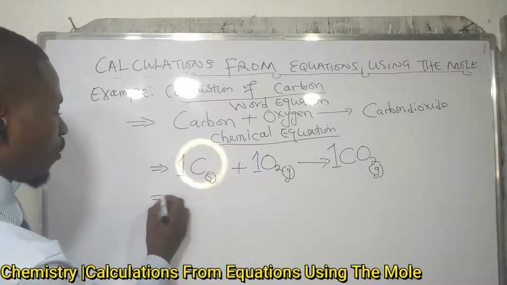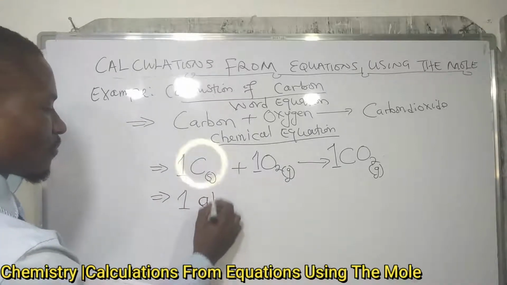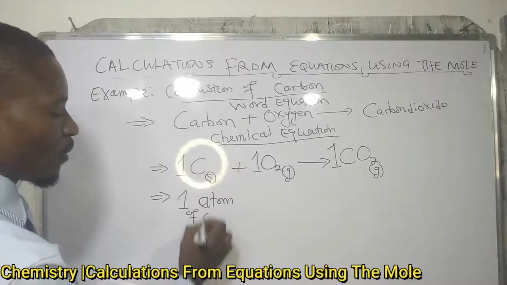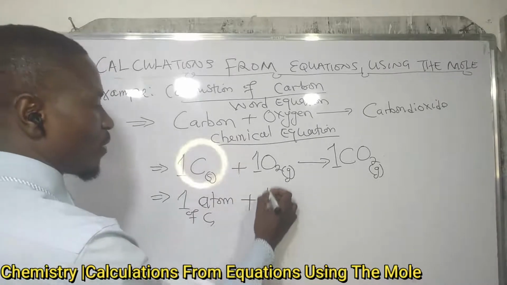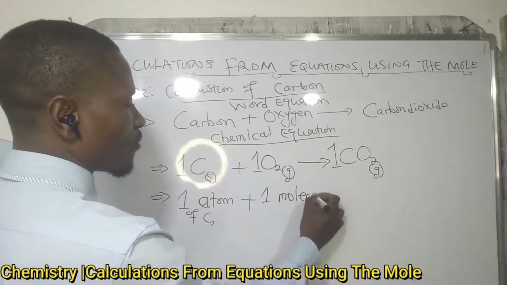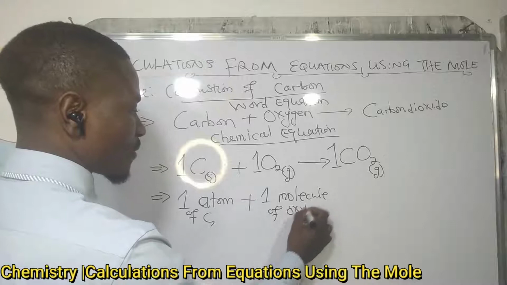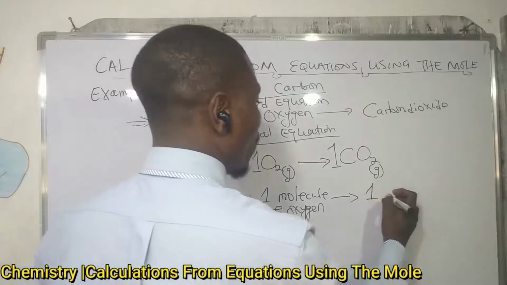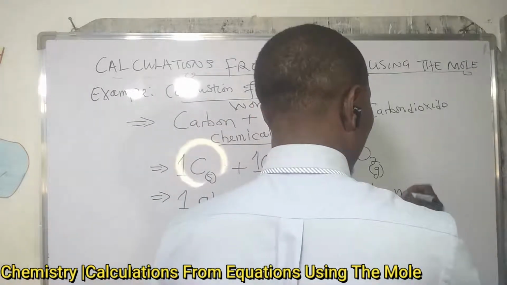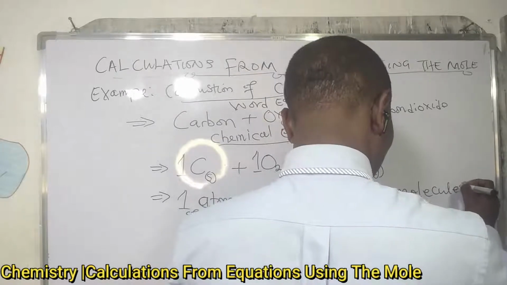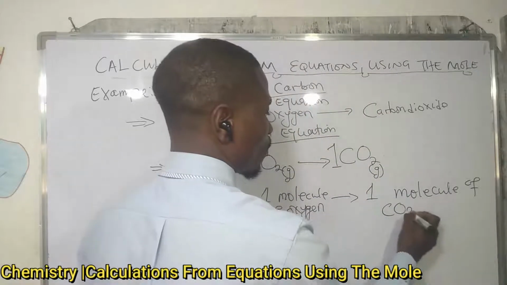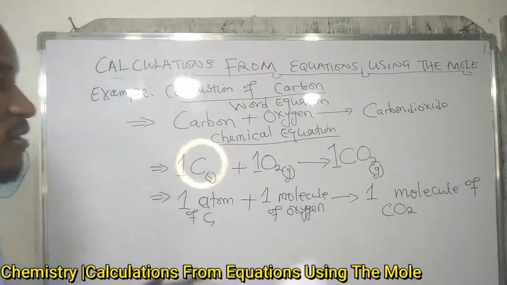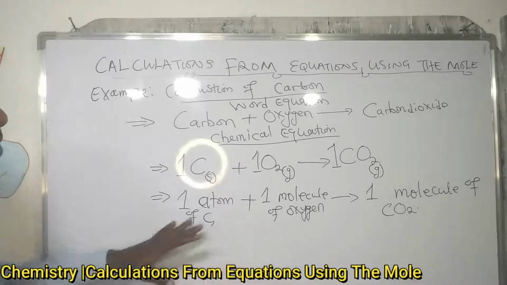So we can say one atom of carbon reacts with one molecule of oxygen gas, the gas we even need in our breathing, respiration, to produce one molecule of CO2, carbon dioxide, the gas needed by most plants. So we can describe an equation like this.